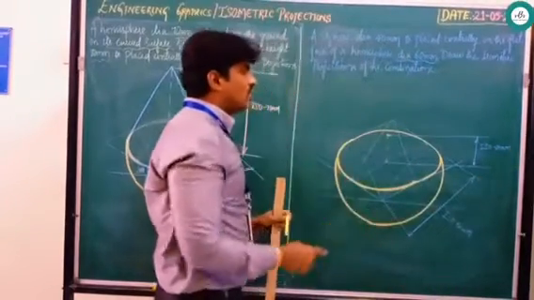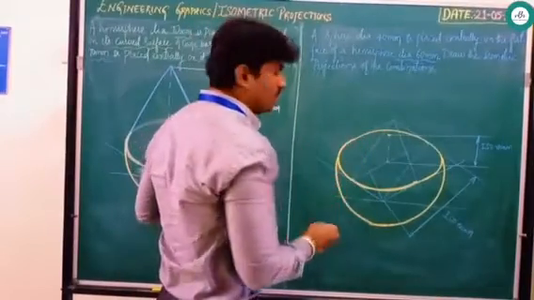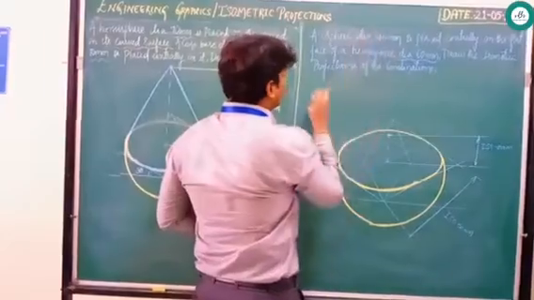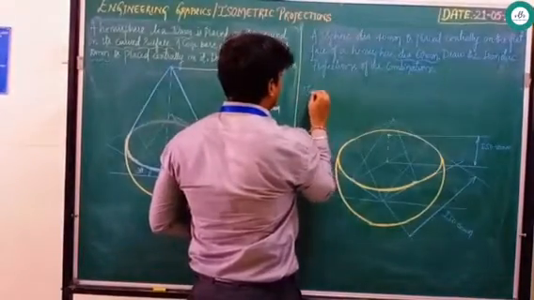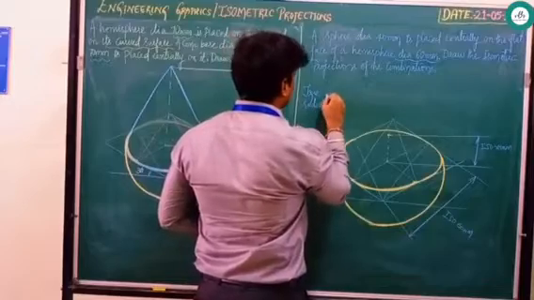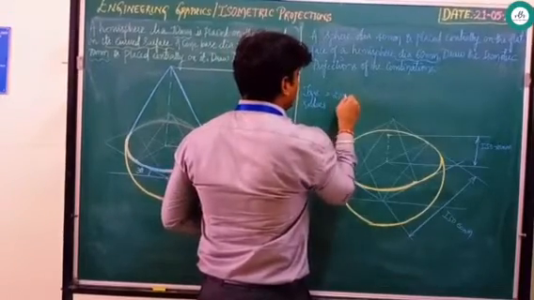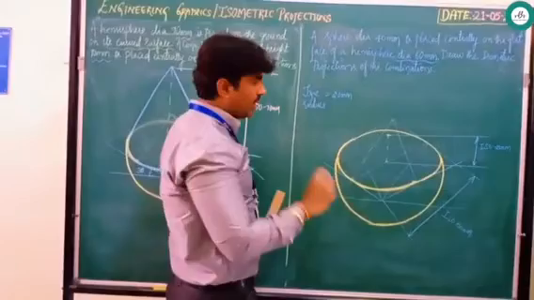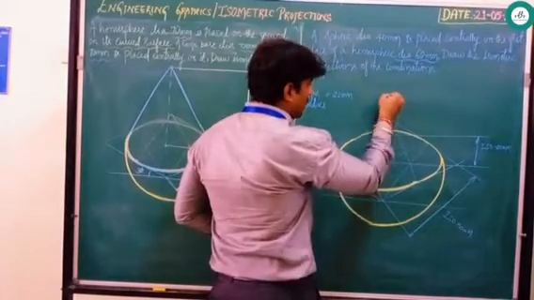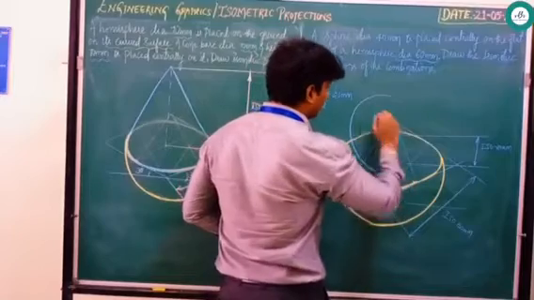Next, as I told, after getting a center point, in the case of a sphere, you need to take a true radius. I will write here, take a true radius, that is 20 mm. Measure this in a scale. Next, with this as a center, start drawing this sphere.